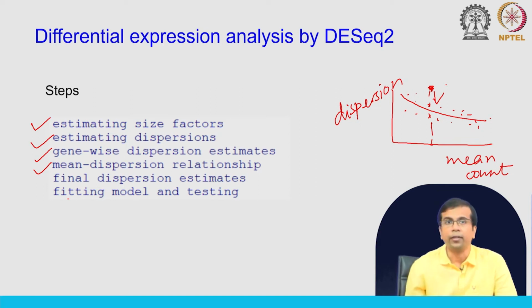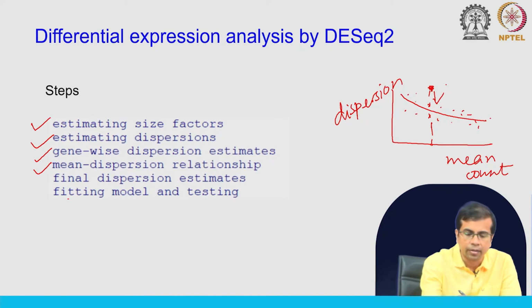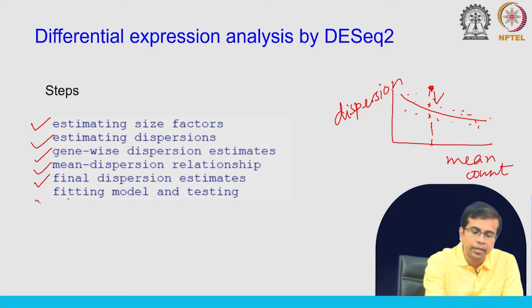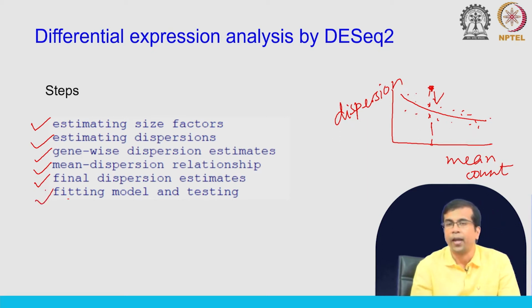So, by doing that, it will generate these final dispersion estimates, right. This is what it means by final dispersion estimates, because it is doing this dispersion shrinkage. And then the final step is the model fitting and testing, right. So, the model fitting is this generalized linear model, and the testing part is the hypothesis testing.